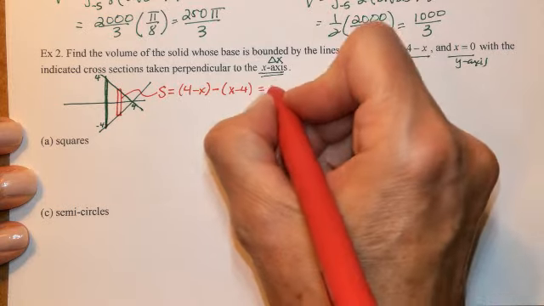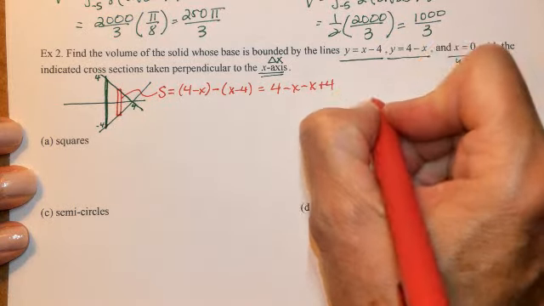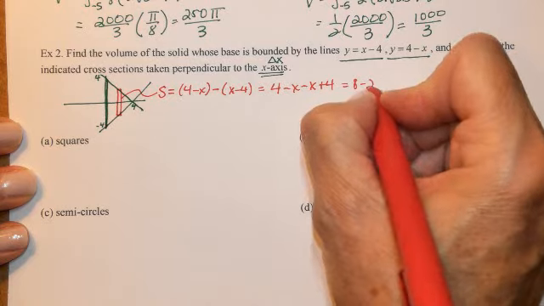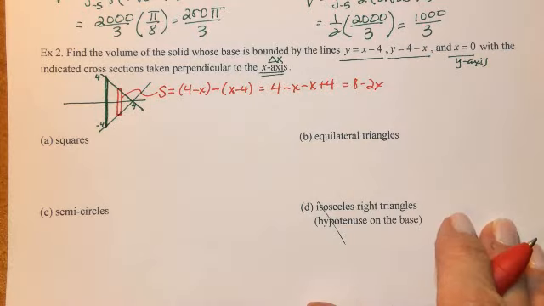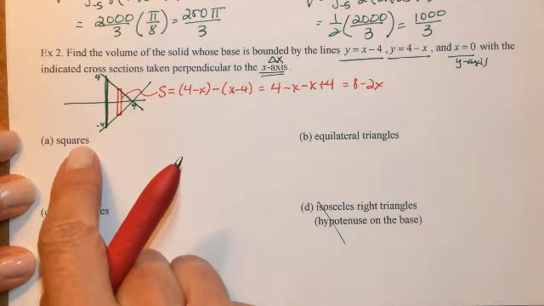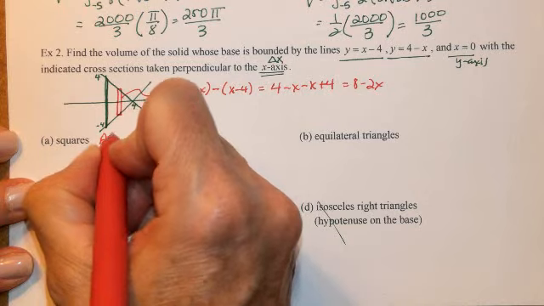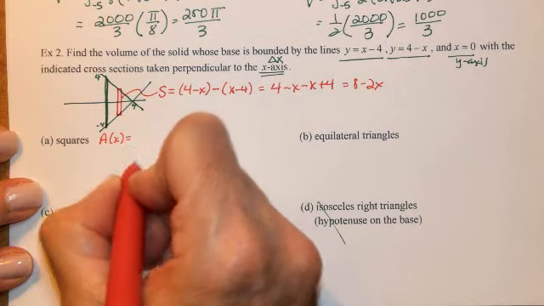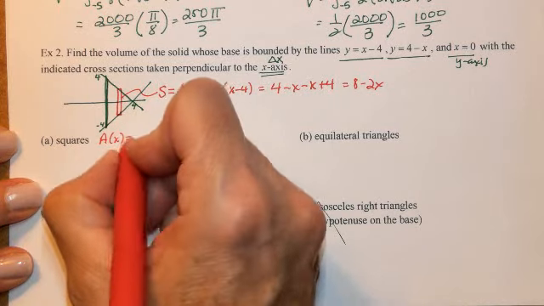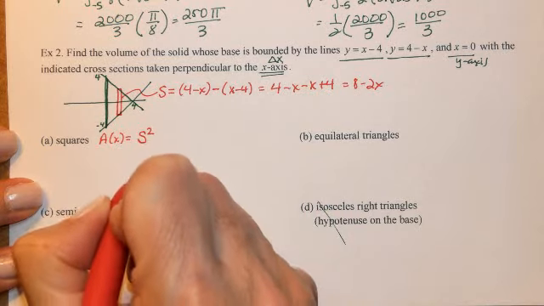So this will be 4 minus x plus 4, right? So that is 8 minus 2x. That's easier to write than that other thing. Okay. Cross sections are squares. So we need the area, and for squares, the area will be s squared, right?